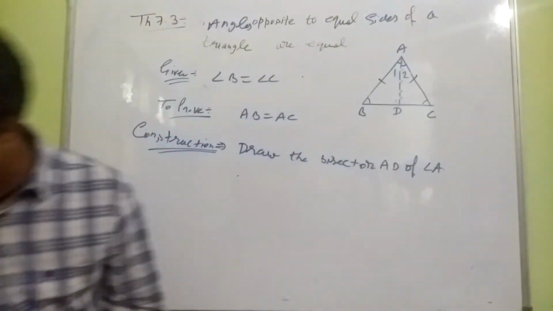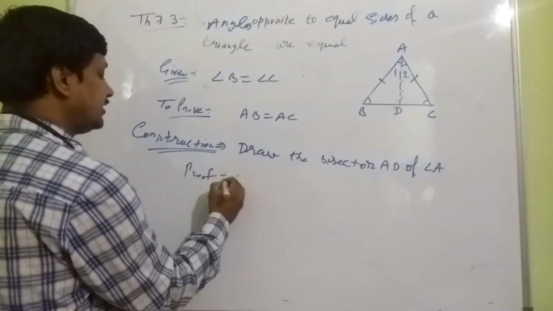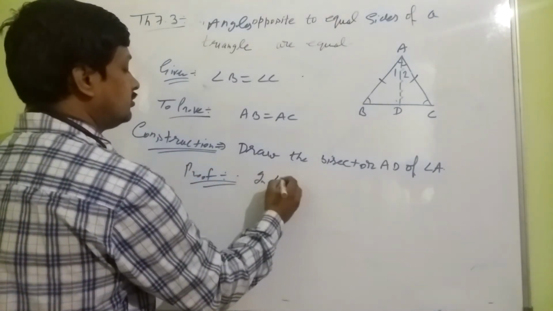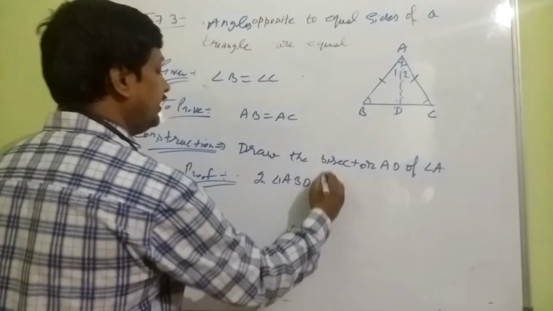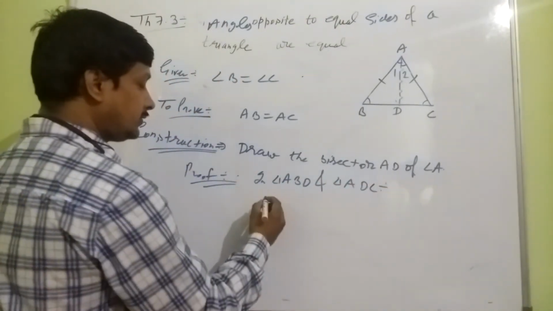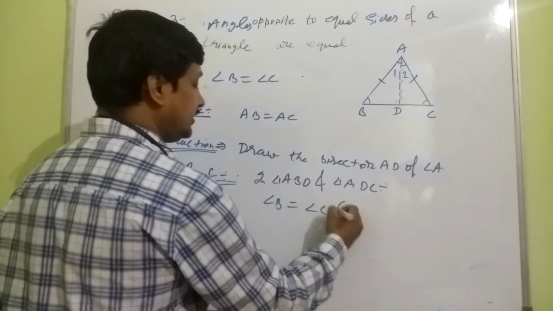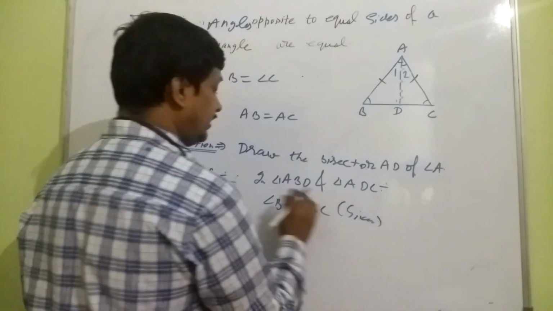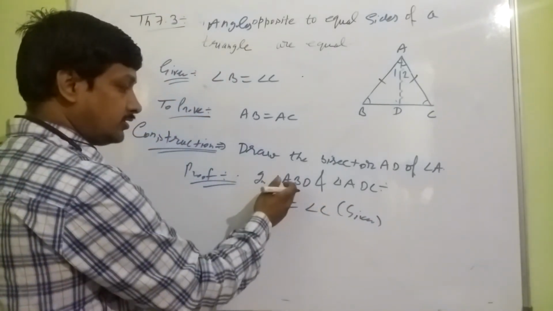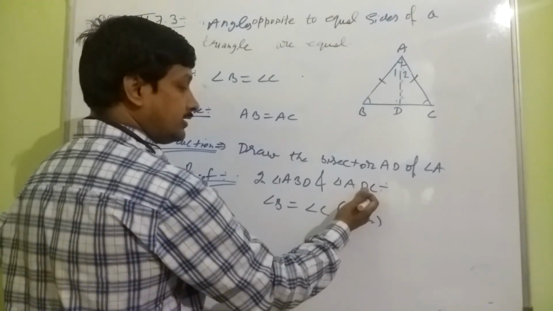How to prove? By the same process. We will prove these triangles to be congruent. In triangle ABD and triangle ADC, the first thing is that angle B equals angle C, it is given. You will write the things of this triangle on the left side and the things of the other triangle on the right side.